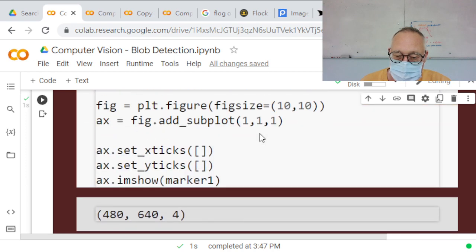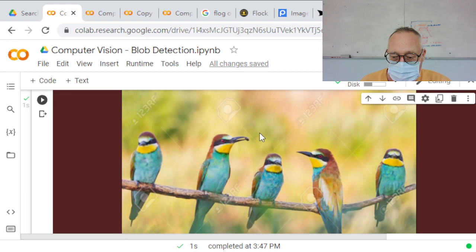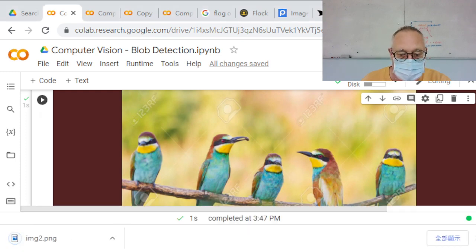Okay, so the coordinates are slightly off. Just make sure.